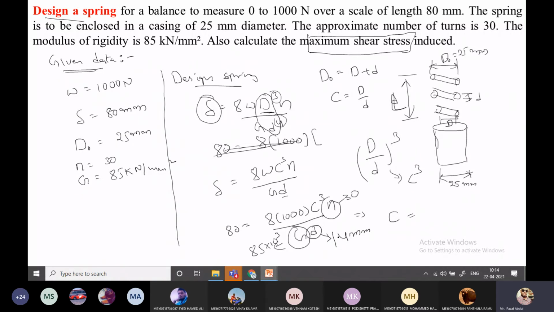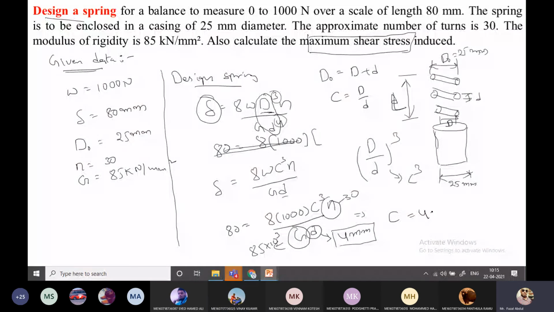After getting the answer, we are going to confirm whether our consideration is within the limit or outside of the limits. That's the reason we just consider d as 4 mm. Now substitute all the values and get the C value. Tell me what is the C? 4.83.